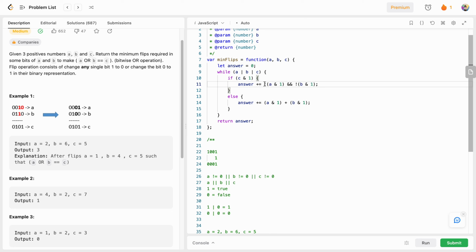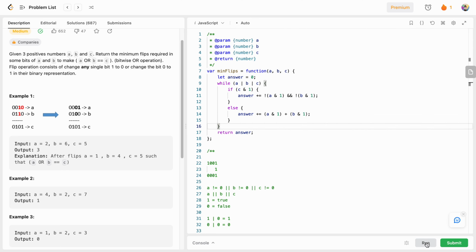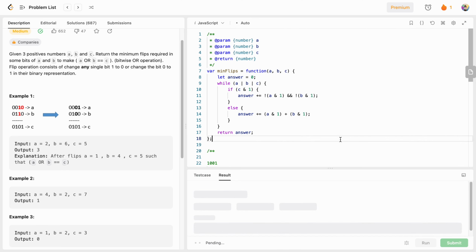So if both of them are equal to 0, then this value will be true, and as I already told, true corresponds to 1, so that 1 would be added to our answer. So now let's try to run our code and see the result.